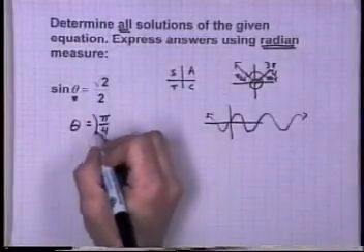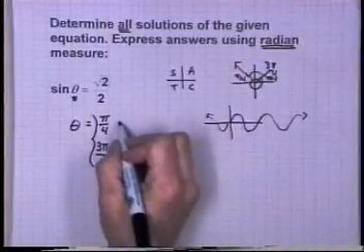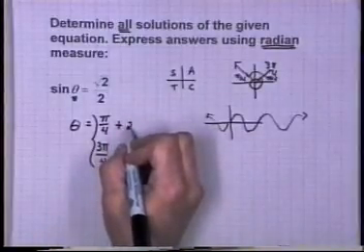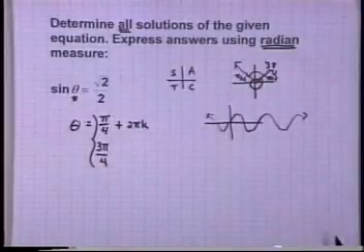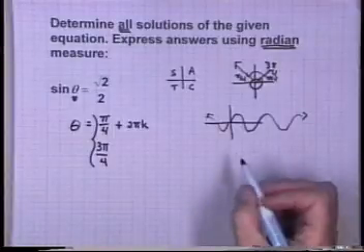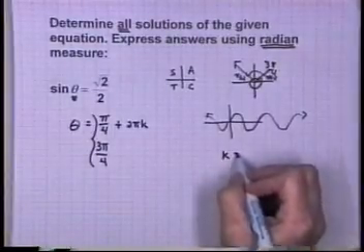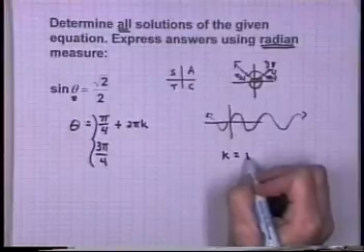So what we're going to do to express our solutions here is we're going to take our first solution of pi over 4 and we're going to put a plus 2 pi k on that. Now when we do that, k represents an integer.